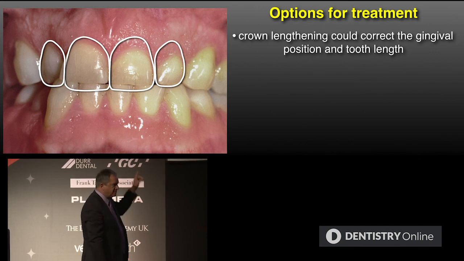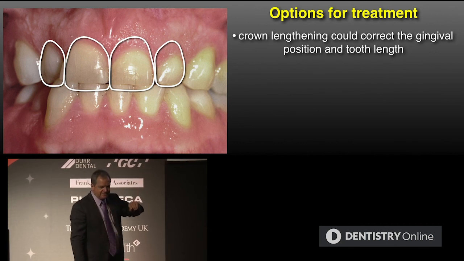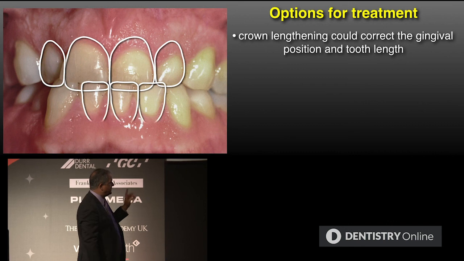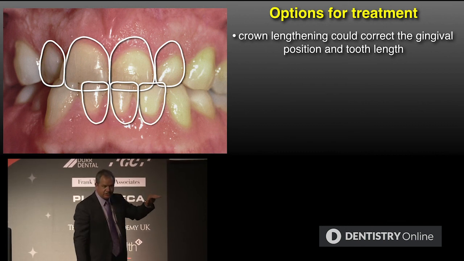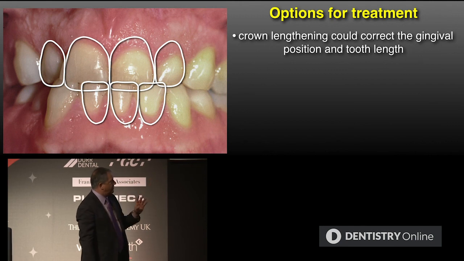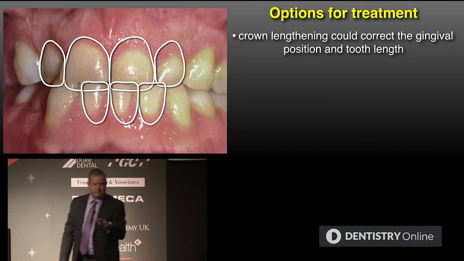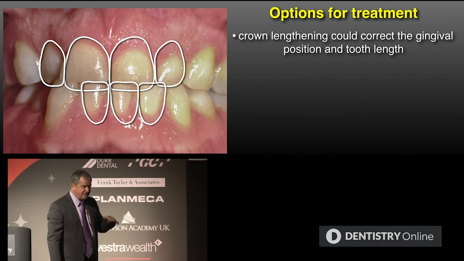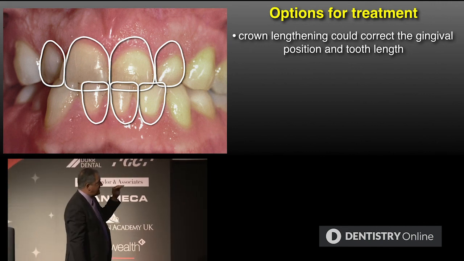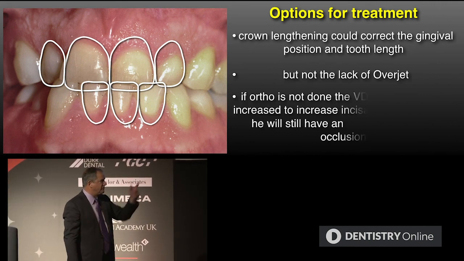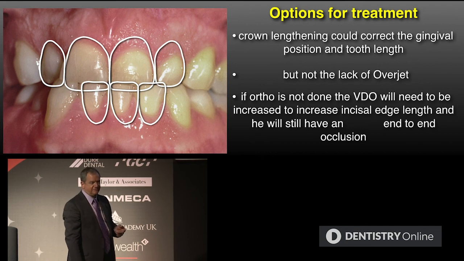So I will open your bite and I will treat 14 upper teeth. By the way, in order to make the lowers look good, I will also have to do crown lengthening surgery there and do that. So for 17 restorations and surgery on the upper and surgery on the lower, I can make you look better and you still won't have a very good occlusion.